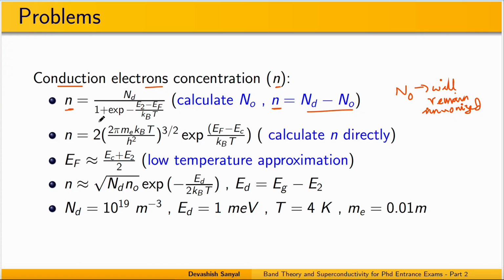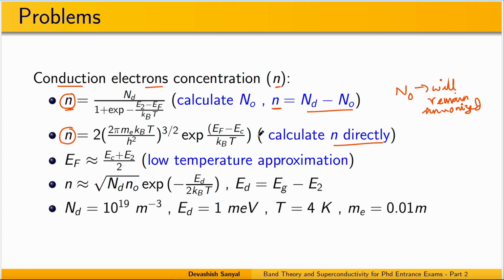You get this expression for the concentration of conduction electrons. Another way we can find the concentration of electrons in the conduction band is by calculating n directly.